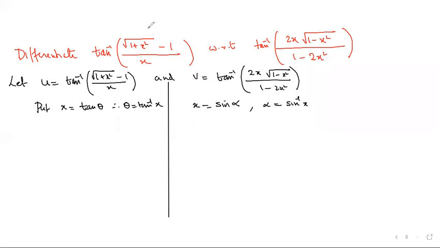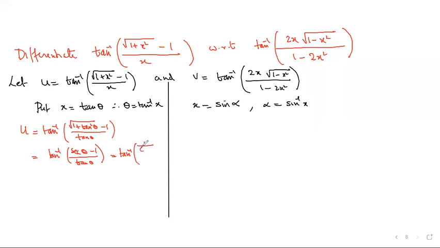Now start substituting. So u is equal to tan inverse of root of 1 plus tan square theta minus 1 upon tan theta. That is tan inverse of sec theta minus 1 upon tan theta. That is tan inverse of 1 upon cos theta minus 1 upon sin theta upon cos theta. So that became tan inverse of 1 minus cos theta upon sin theta.